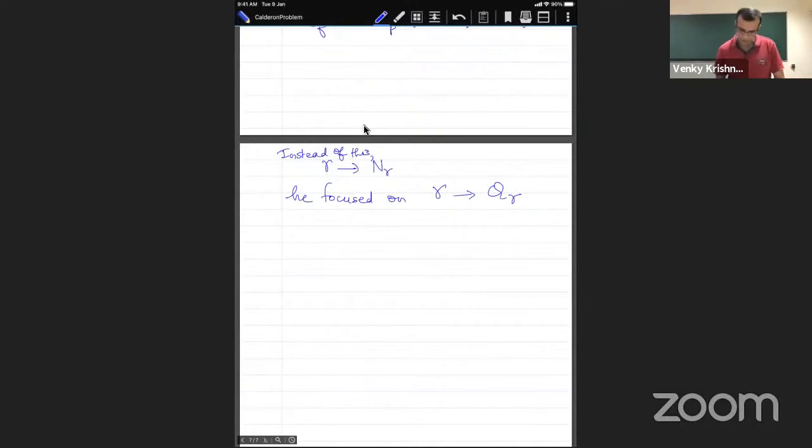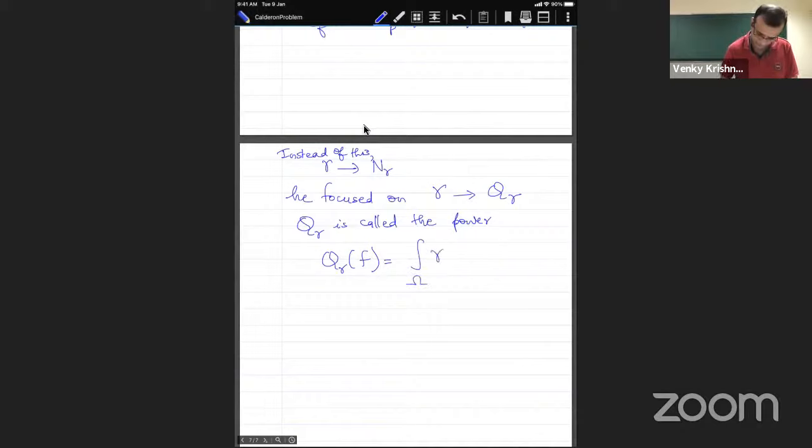Where this q gamma is what is called power, and this is simply q gamma of f is the integral over omega of gamma grad u squared.